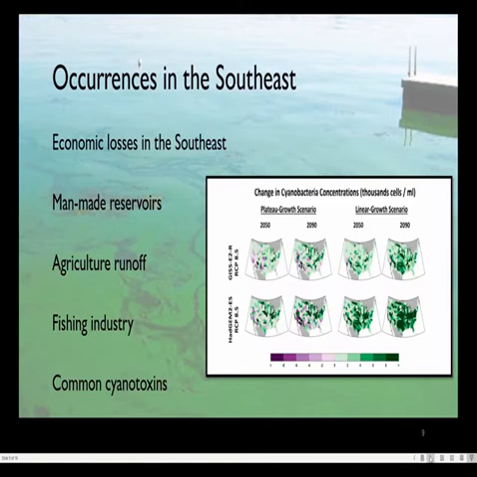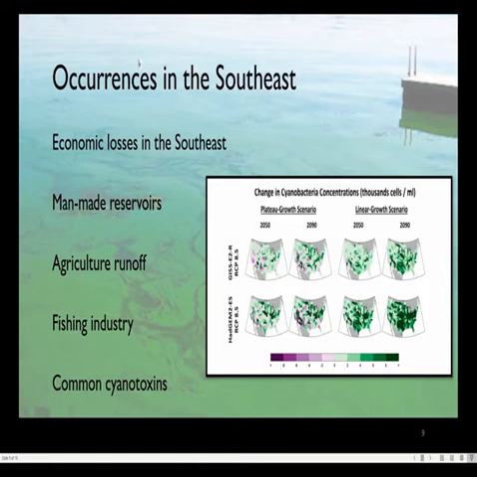Now, my master's was focused on the Midwest, but CHABs are going to impact all of the U.S. And I'm trying to move what I learned with my master's to the southeast for my PhD. And what we see is, while there are other areas that are going to increase in cyanobacteria cell concentrations more severely, as you see here on this map, we're going to see a lot of economic losses in the southeast.